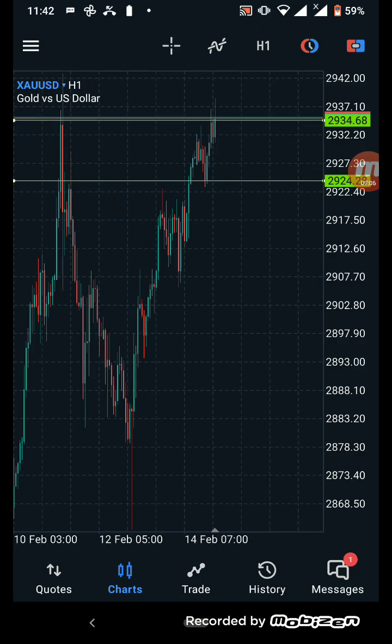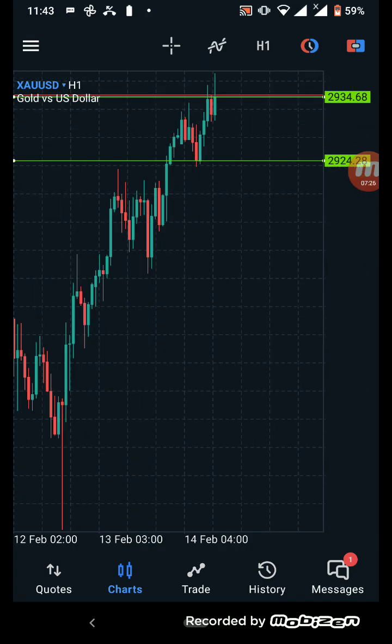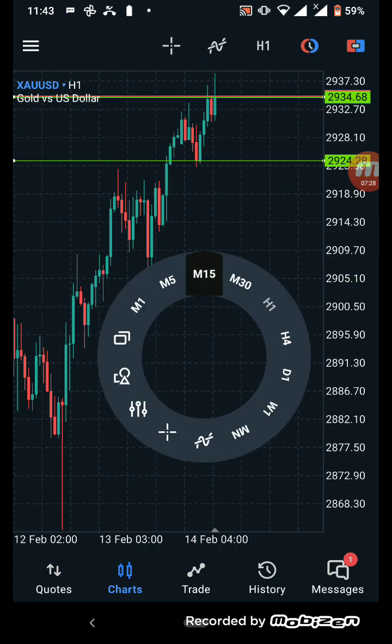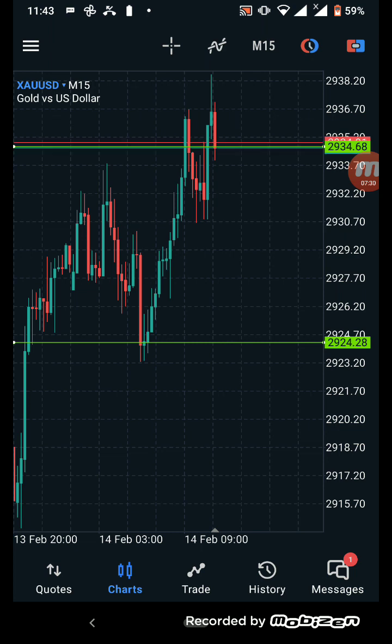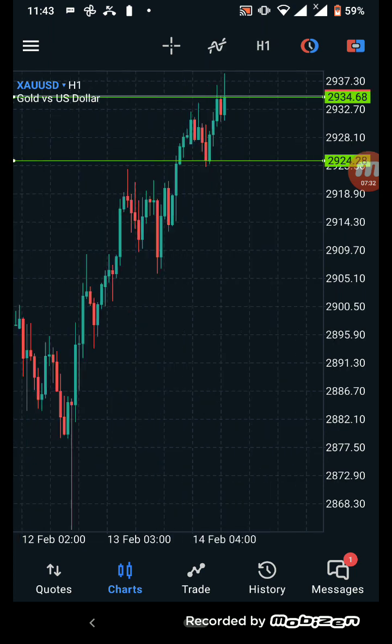In other words, the parts that the market reached and made changes, reacted the same way as before. For example, right here, you can see the market reached this point and it started going down, right? As you can see on the 15 minutes chart, it's going down, which means it respects that area.